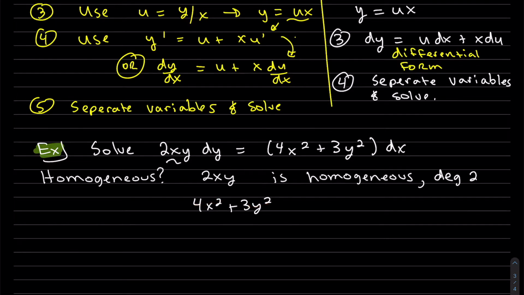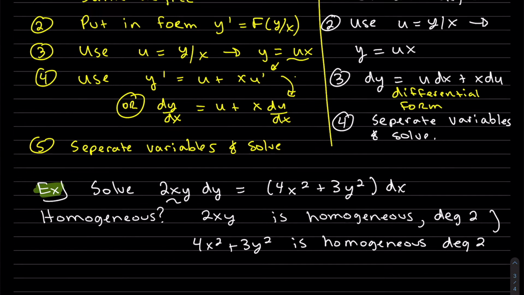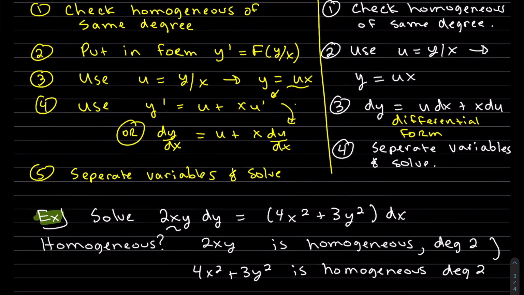It's homogeneous. They're both degree 2s. So you could go through and do what I did above, but both of the functions, M and N, have the same degree, so therefore this is a homogeneous differential equation. So I'll do this problem both methods, okay?